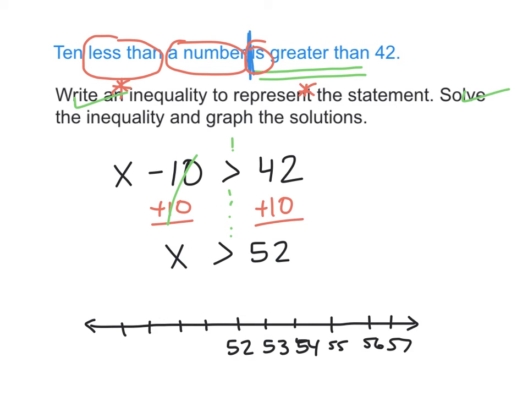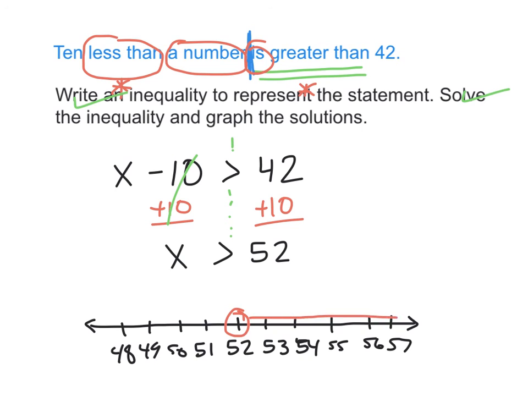Now, to the left of that, I've got 51, 50, 49, 48. Okay? So we've got our number line, and then this is a greater than symbol. I do not shade the circle in. I just make it an open circle. And the numbers that are greater than 52 are things like 53, 54, 55, and so on.